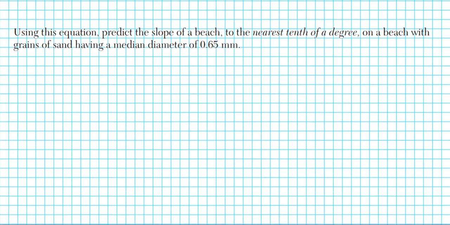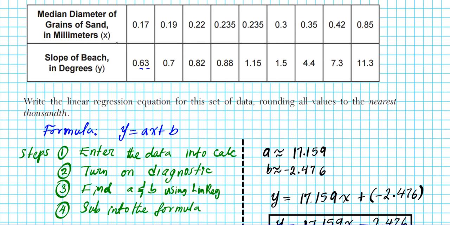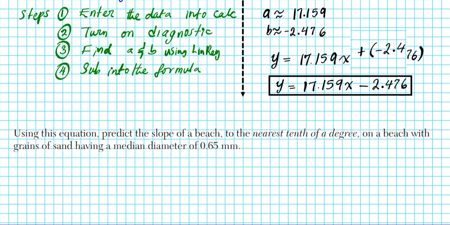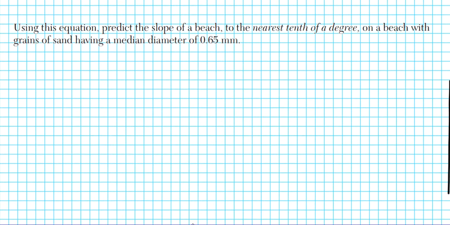Remember that your diameters are your inputs, or your x's, and the slopes are your y's. So this problem is asking us to use the linear regression to find out what y is when x is 0.65.